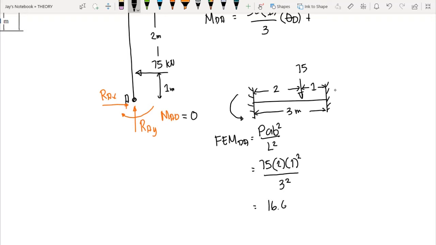I have presented the formula for fixed end moment in the first part of this discussion. So we have 75 times 2 squared times 1 over 3 squared, so we have 33.333 kilonewton meter, and we set this one as negative because this rotates clockwise.